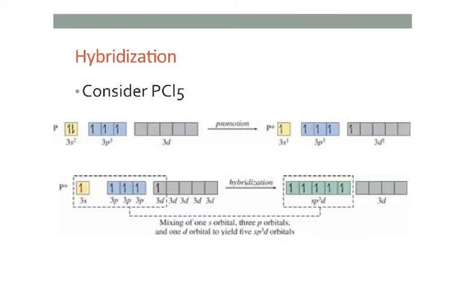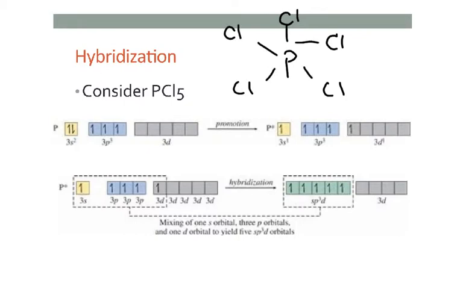Alright, another example, PCl5. If I were to draw the Lewis dot structure for PCl5, it's going to look something like this. It's going to have an expanded octet, which is allowed because phosphorus is in row 3 or higher. So in order for this molecule to actually happen, phosphorus needs to have 5 bonding sites to accommodate all 5 chlorines.